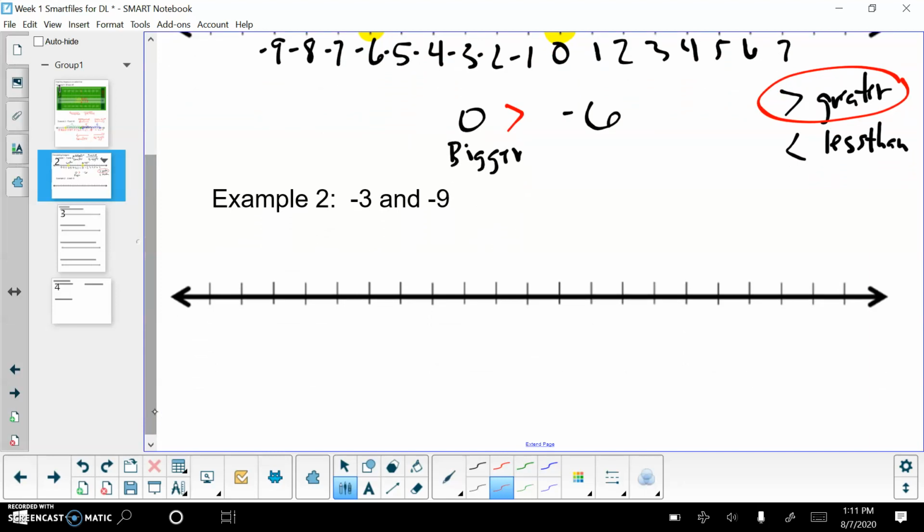So if I make my number line again, this time I'm going to put the 0 in the middle, or basically close to the middle, just so I can get a good number on both sides. So I'm going to go to the right, which is my positives, and do several numbers on this side. And then I'm going to go to my left, my negatives.